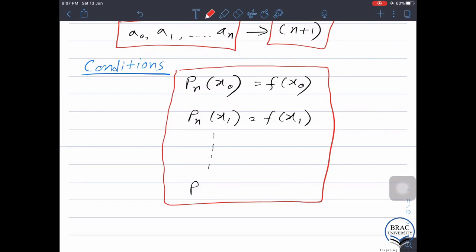If you remember from your linear algebra course, if you want to find 10 unknowns, you need 10 constraints, 10 linear constraints, right?